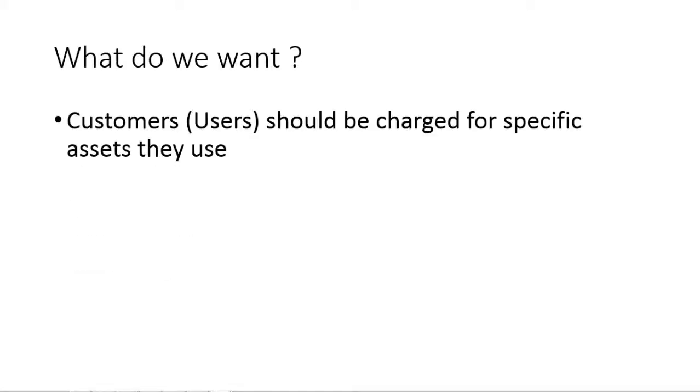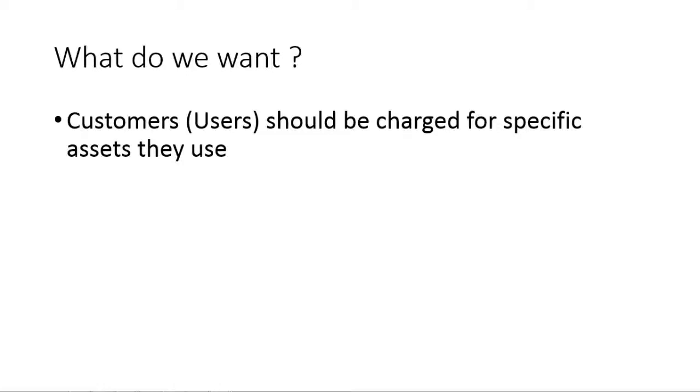So first question is, what do we actually want? In my example, the IT wants to charge customers or users for specific assets they use. So this example is only a hardware asset report. I'm working on a software asset report as well.